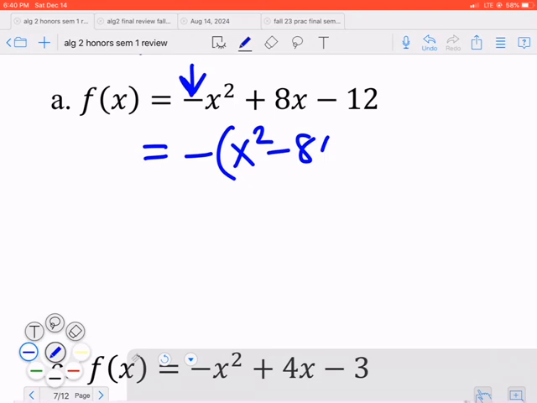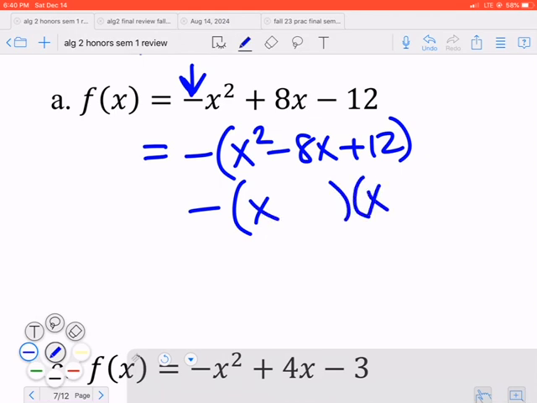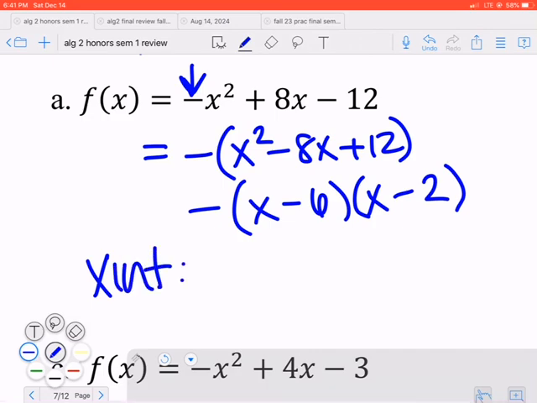X squared minus 8x plus 12. And now it becomes much easier to factor. Two numbers that multiply to 12 add to negative 8. So what would that be? Negative 6 and negative 2. Adds to negative 8, multiplies to positive 12. So the x-intercepts are 6 and 2.